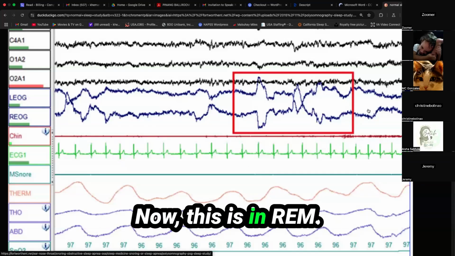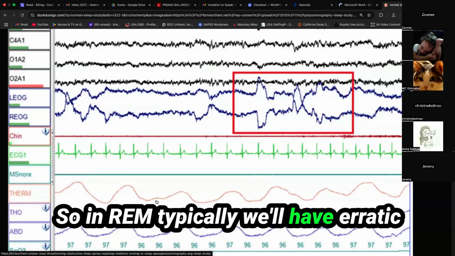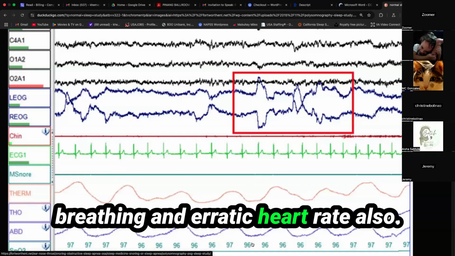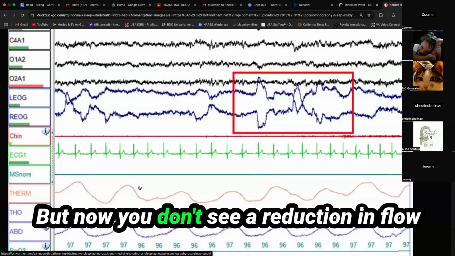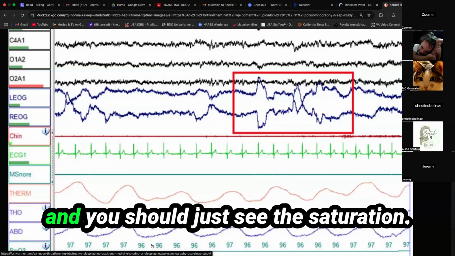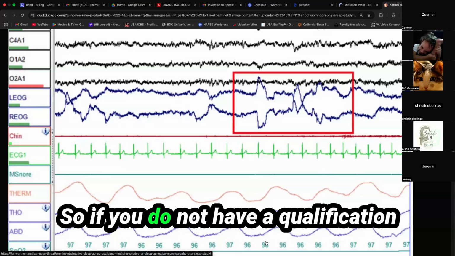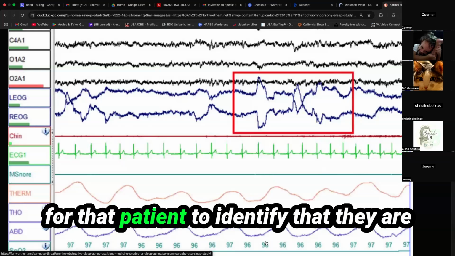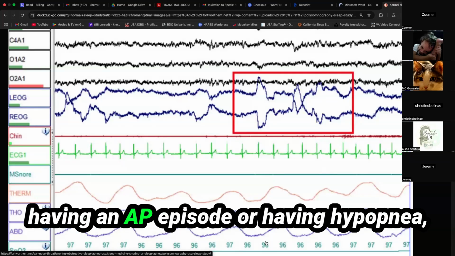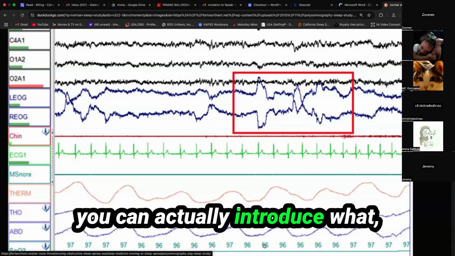Now, this is in REM. So in REM, typically we will have erratic breathing and erratic heart rate also. But now you don't see a reduction in flow and you just see desaturation. So if you do not have a qualification to identify that the patient is having an apneic episode or hypopneas, you can actually introduce what?